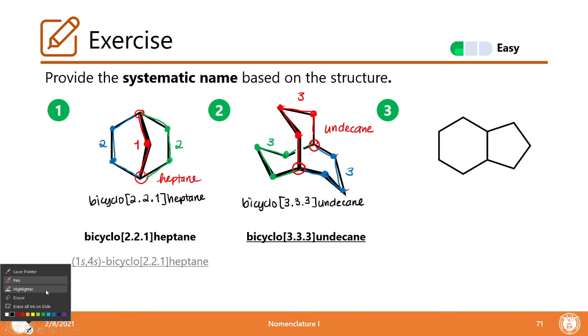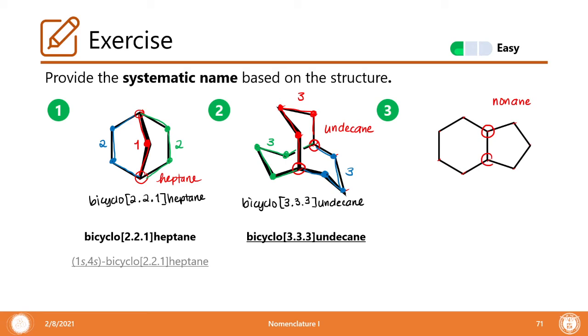Now let's look at this last one. Count the number of carbons. 1, 2, 3, 4, 5, 6, 7, 8, 9. Nonane. So we have 9, nonane. And then let's determine the bridgeheads.